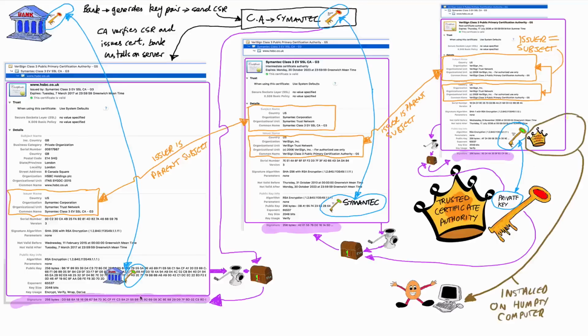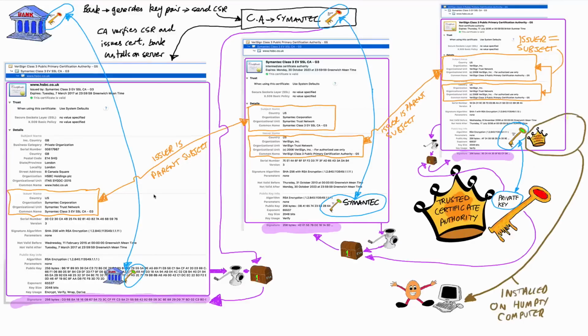The answer is, when the bank sends their SSL certificate to Humpty Dumpty's machine, they also have to send this one at the same time. So they send the two together. That means when Humpty's computer is validating this SSL certificate, they have both of these in hand.